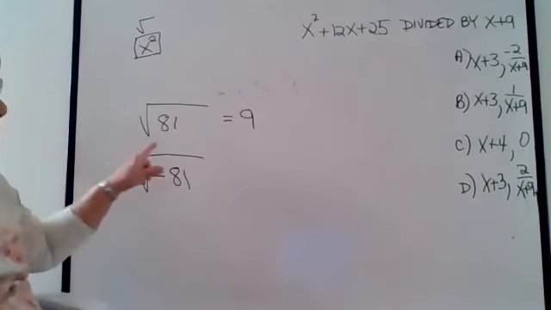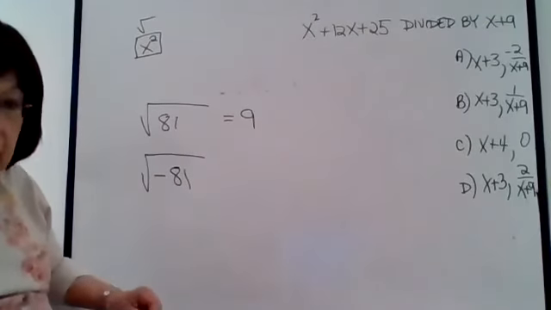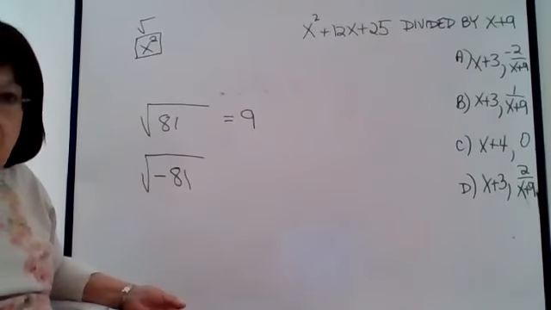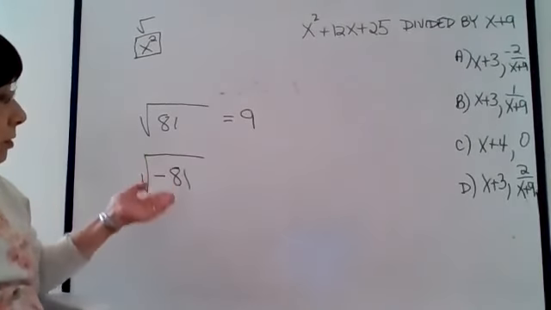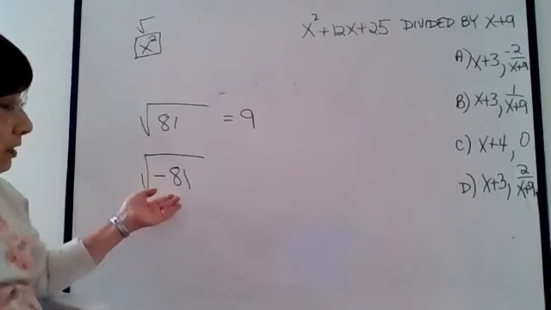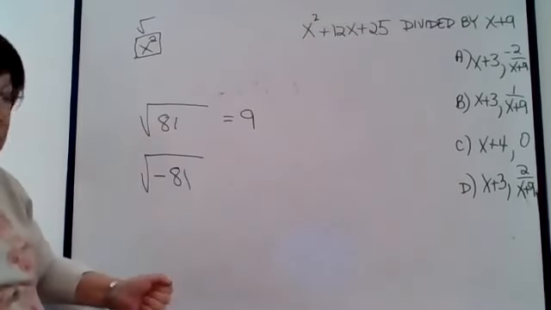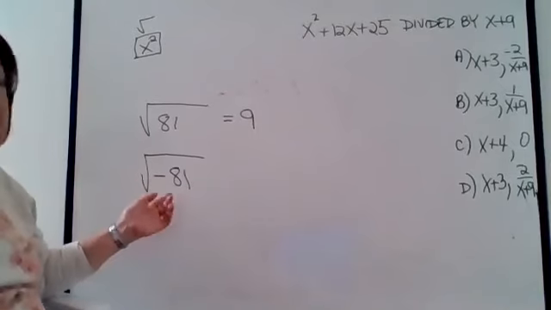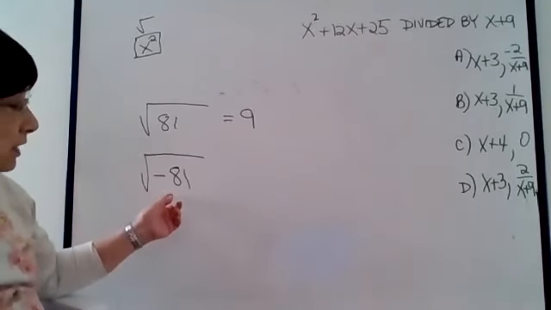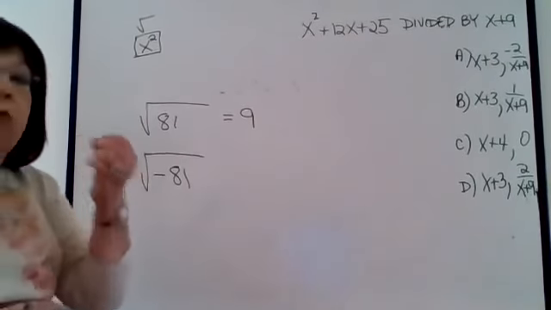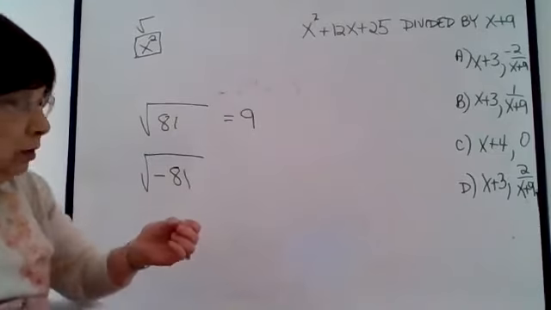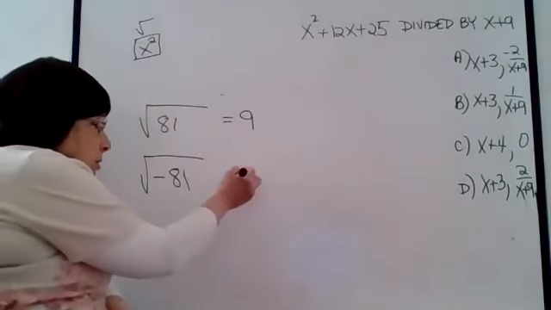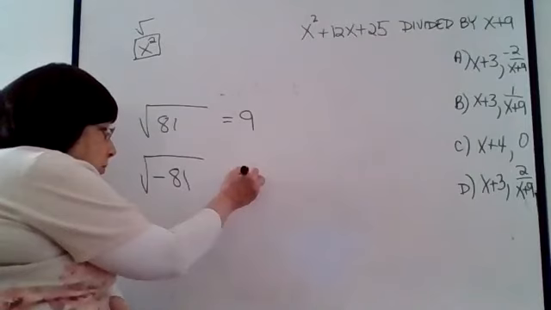But when you have just a plain square root, you can't have a negative there, because your answer can't be 9, because 9 times 9 will give you positive 81. And your answer cannot be negative 9, because negative 9 times negative 9 would also be positive 81. So this is not allowed in real numbers.